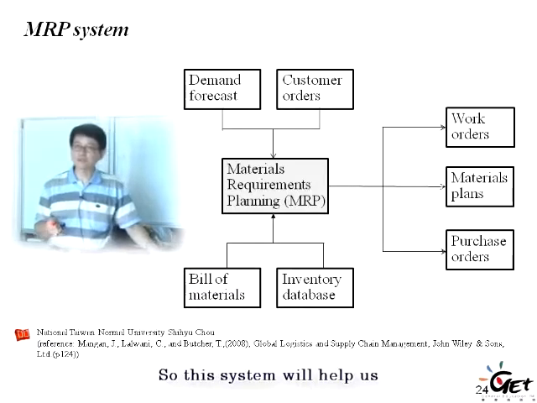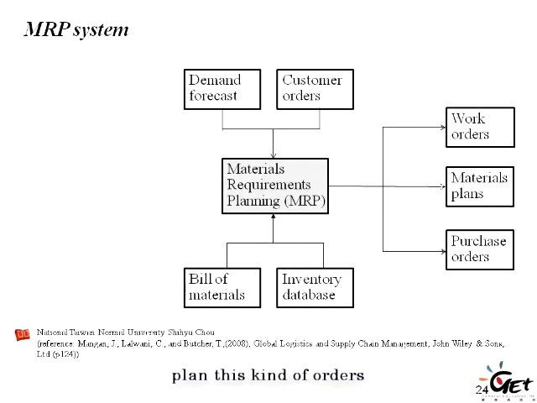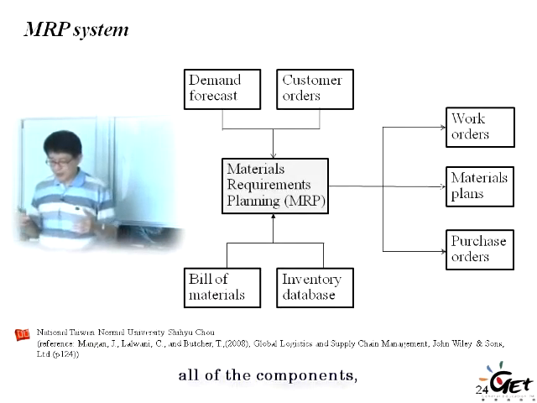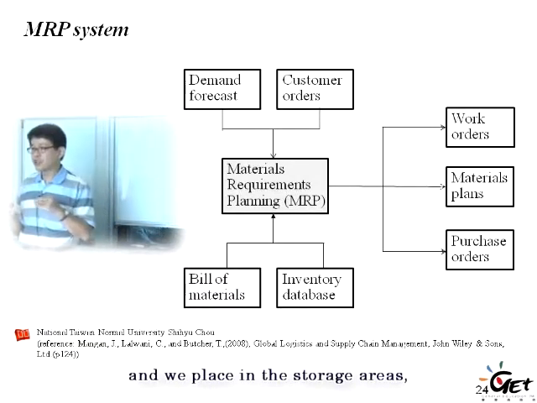So this system will help us plan this kind of orders, so that we can reduce our inventory costs. We don't need to order all of the components in the beginning and place them in the storage areas.